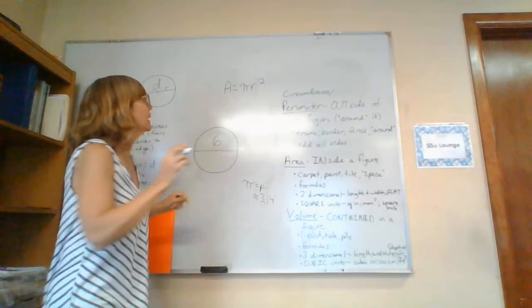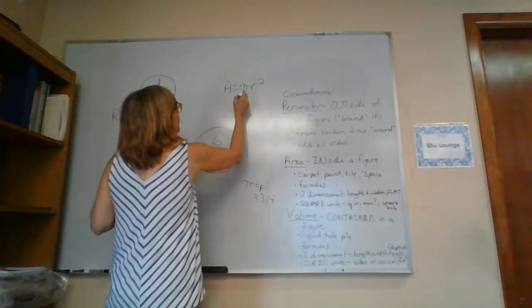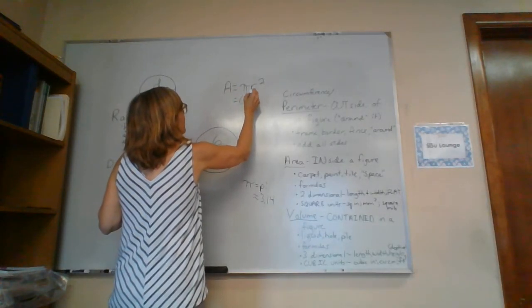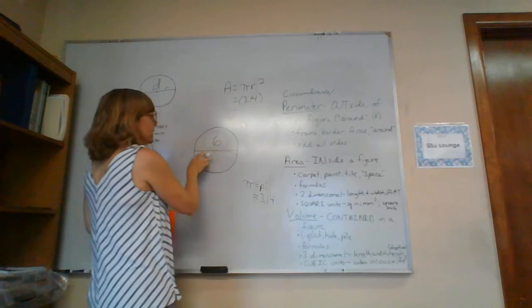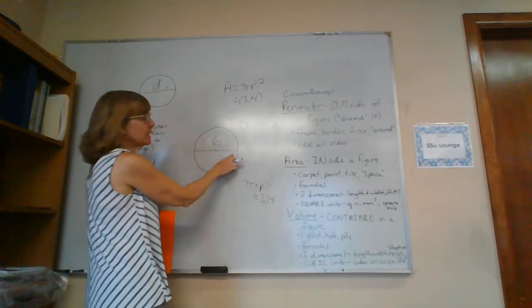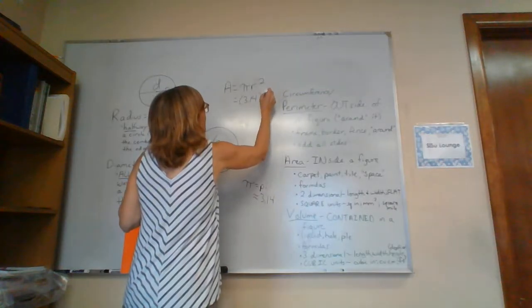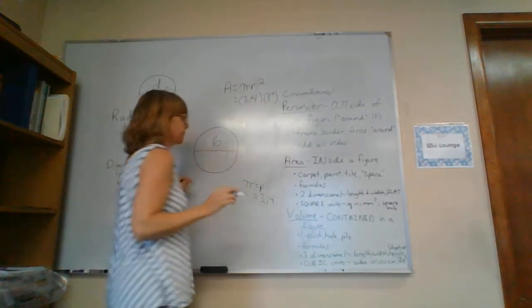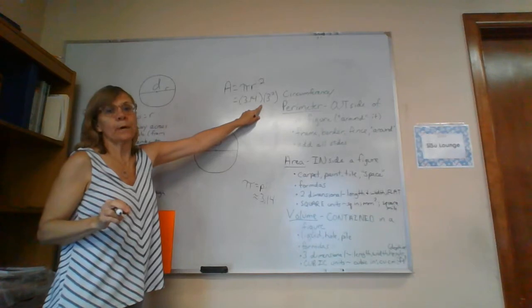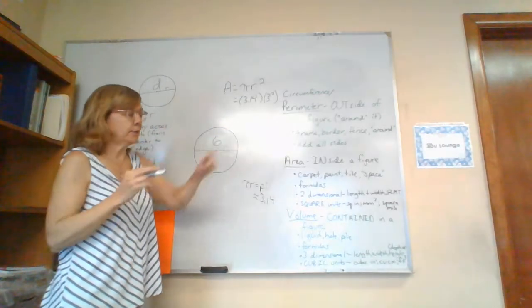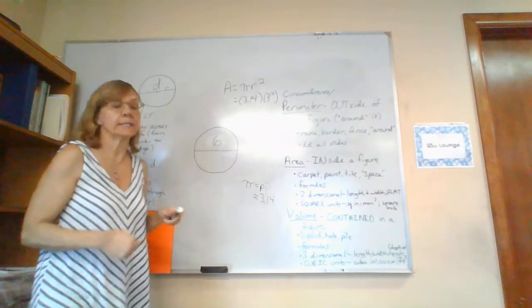Okay, so this has got a couple of little extra pieces here. Pi is 3.14. My diameter is 6, and my radius is 3. So I'm going to do 3 squared. Now you have to remember what exponents are. You can go back and look at the exponents tab.